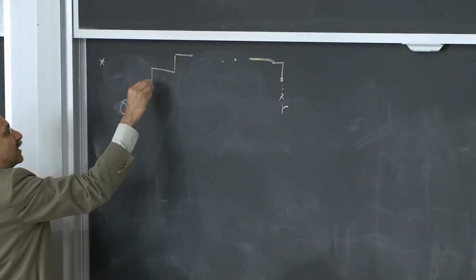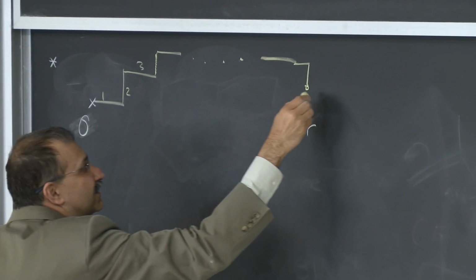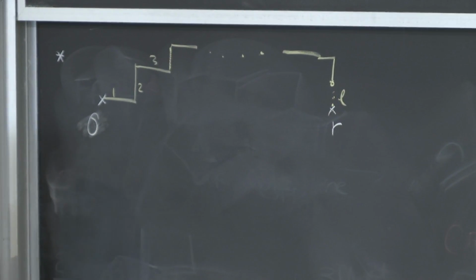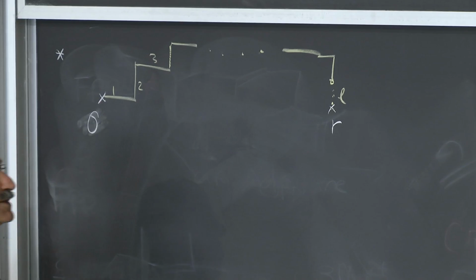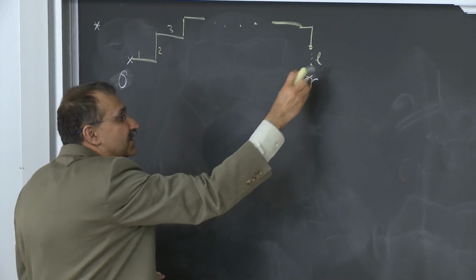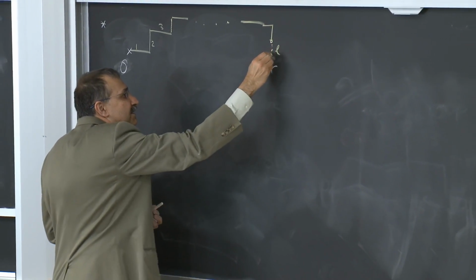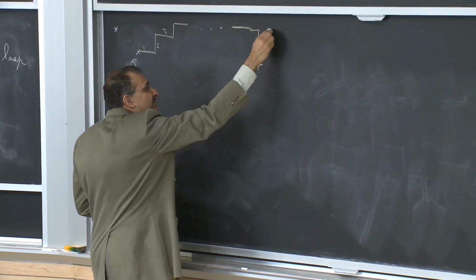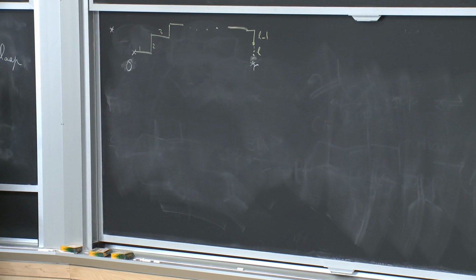So this is step 1, step 2, step number 3. And the last one, step L, I have purposely drawn as a dotted line. Maybe I will pull this point further down to emphasize that this is the last one. This is L minus 1, the previous one.